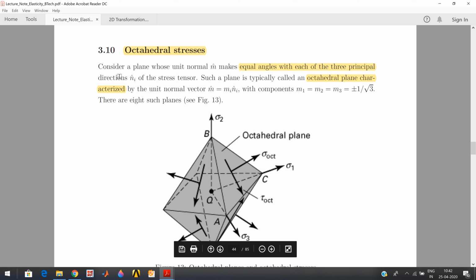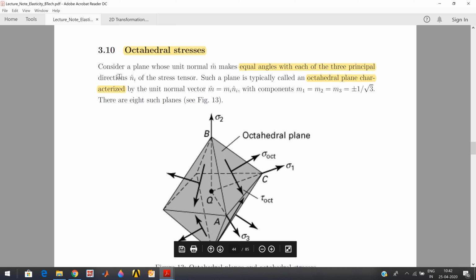It's the basis vectors defined as N1, N2, N3, the principal directions. So with respect to that basis, if I find a plane which makes equal angle to these three coordinate axes, then that plane will be called an octahedral plane.